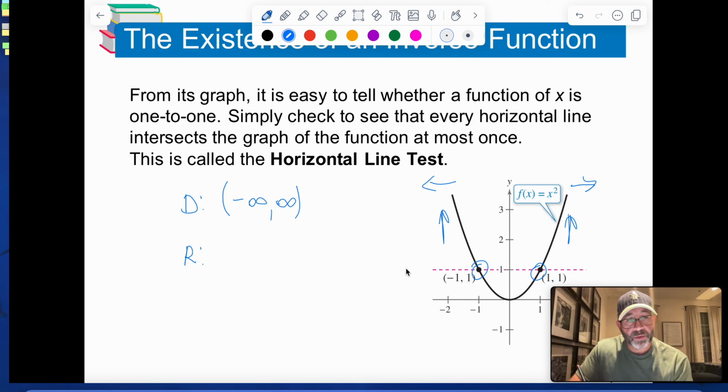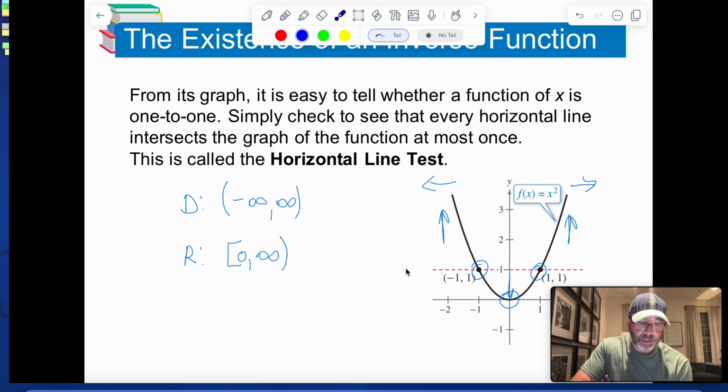And for the range, the lowest point is right here, which is at 0, and the highest point, it goes up forever, okay? So again, when we look to the side, we're looking left, we're looking right, and you can see it goes left and right forever. And then when we're looking up, it goes up forever, but as far as going down, it doesn't go down forever. It actually stops right here, okay?